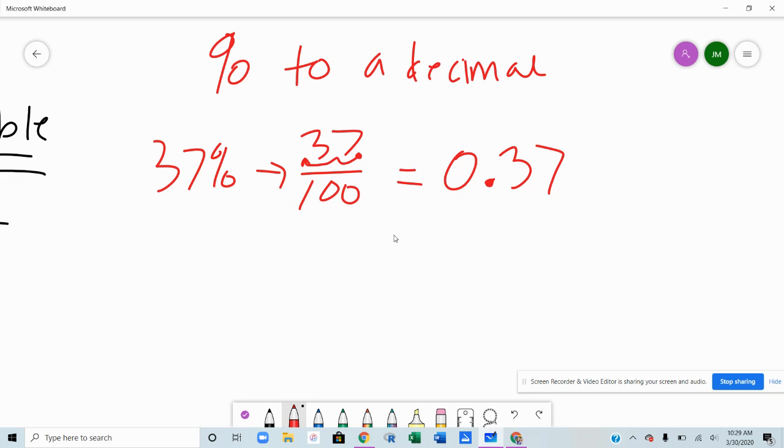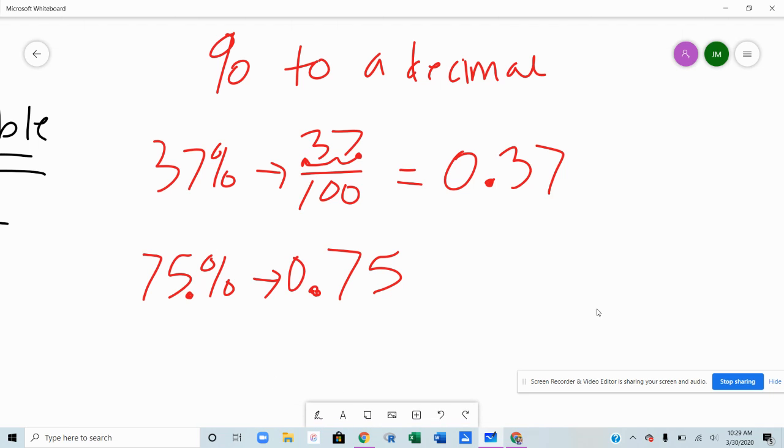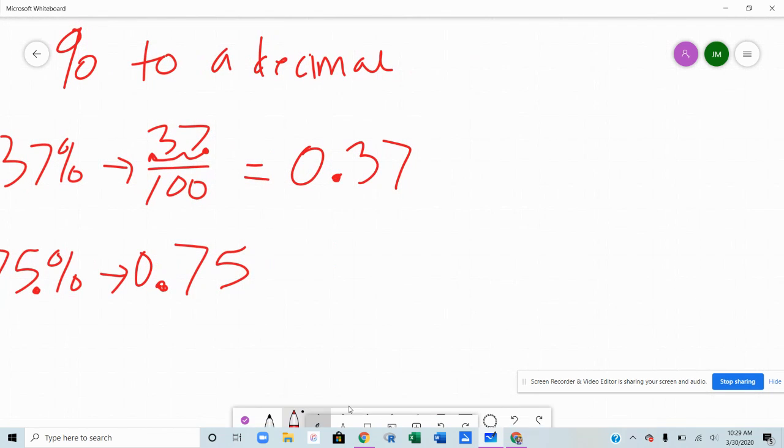So if I said 75%, what's that as a decimal? Well, your decimal's right here. Move it 2 places to the left, which means 0.75. Okay, we're going to go through a couple more so that you can see a little bit more practice of that.